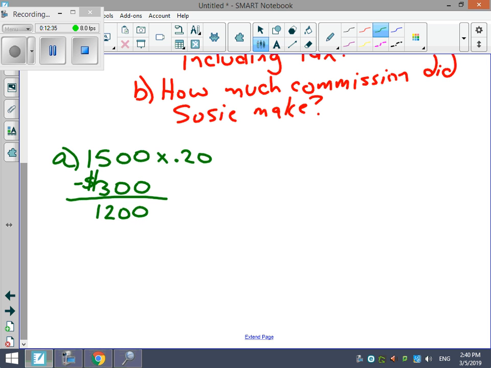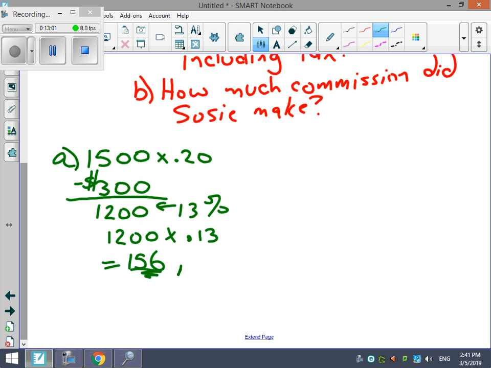And there is tax of 13% on this price. So you will have to multiply that times 13%. When we get that, 13% of 1,200 is $156.